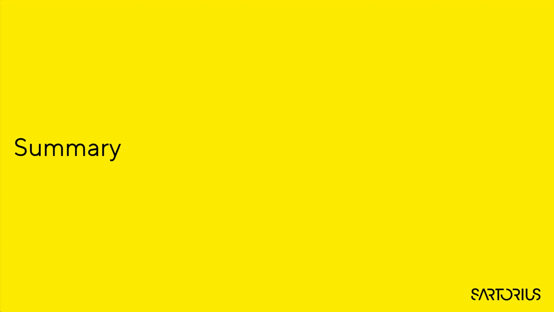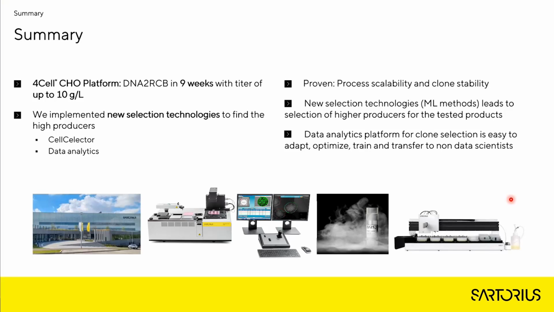As the last slide, I would like to summarize our talk. With our 4-cell CHO platform, we could decrease the time from DNA to RCB to 9 weeks with titers of up to 10 grams per liter.